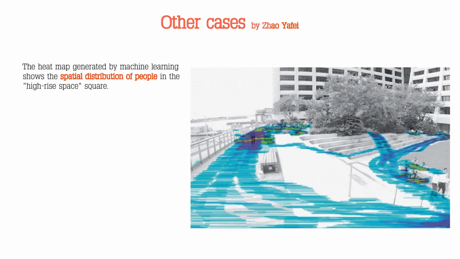This image seems quite stupid, but actually it's very intelligent. In this case, a heat map generated by machine learning is used.